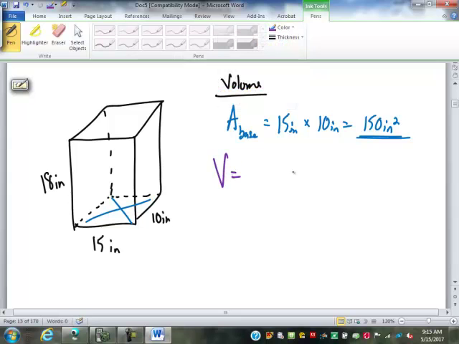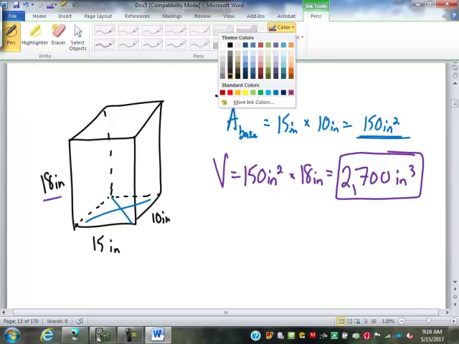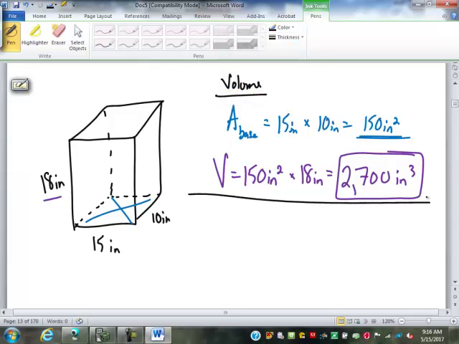So then volume is that area of the base, 150 inches squared, times the height of 18 inches. Which is, what, 2,700 inches cubed? Does that look right? Perfect. Thank you.